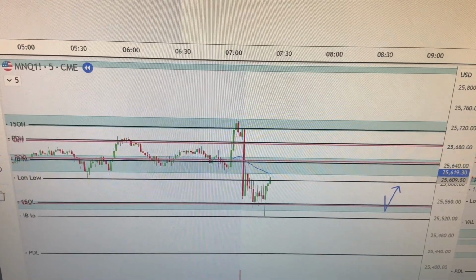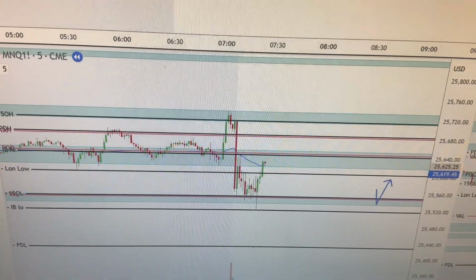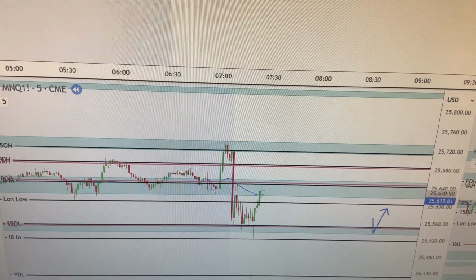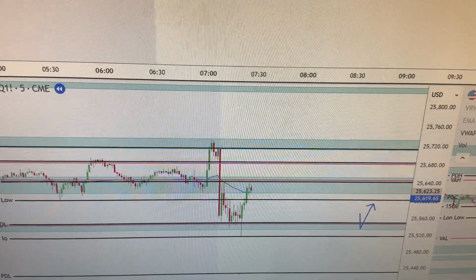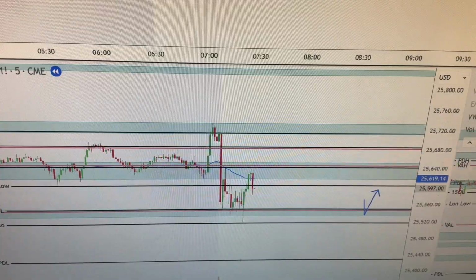Okay, we're speeding this up a little bit. Okay, now it's gonna come down, and then we're really gonna slow it down to a much slower speed, including the 15-second. Okay, we're coming down.